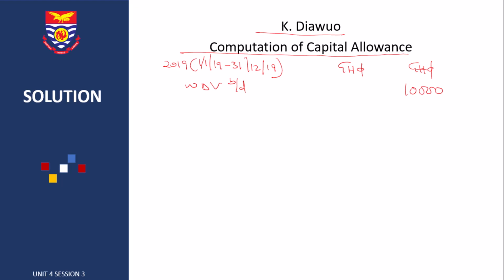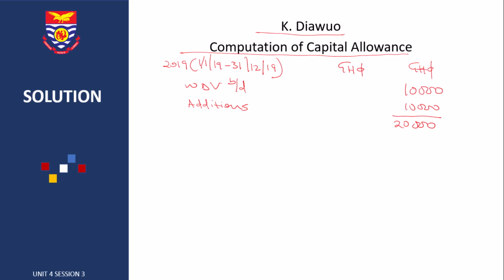Then during the year, we're told some transactions took place. He bought 2 computers and printers, 10,000. So that will be treated as additions. So 10,000, we are going to get 20,000. We're also told that he sold some computers for 2,000.